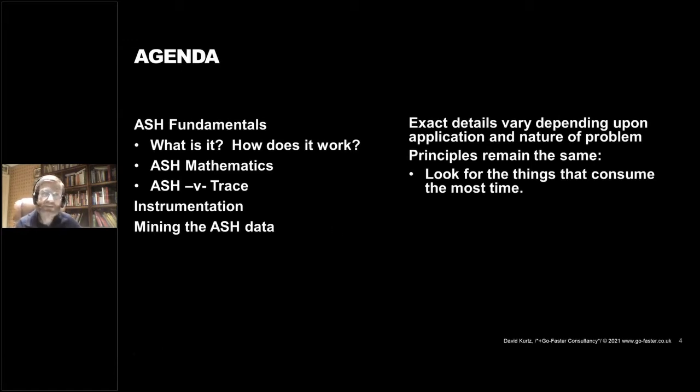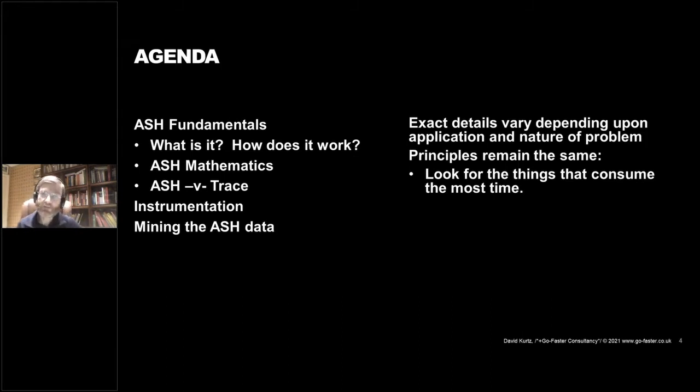The exact details are going to depend upon the application. How you dig into the data also depends on the application. So simply taking my scripts and applying them to your problem may not be ideal. So I want to get across the principles that you have to follow and the techniques. But it's always the same thing.